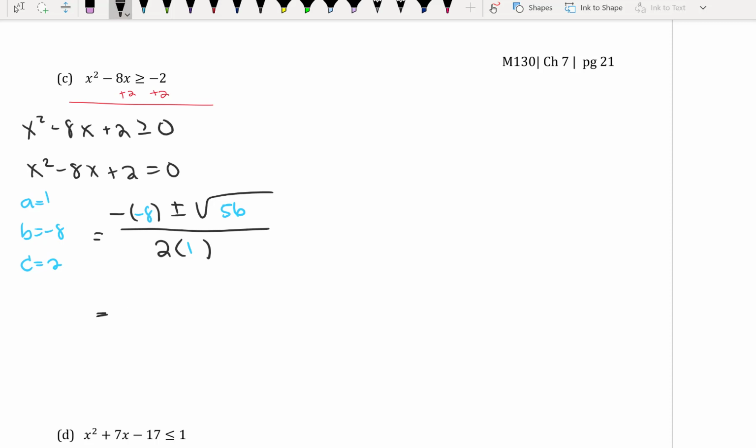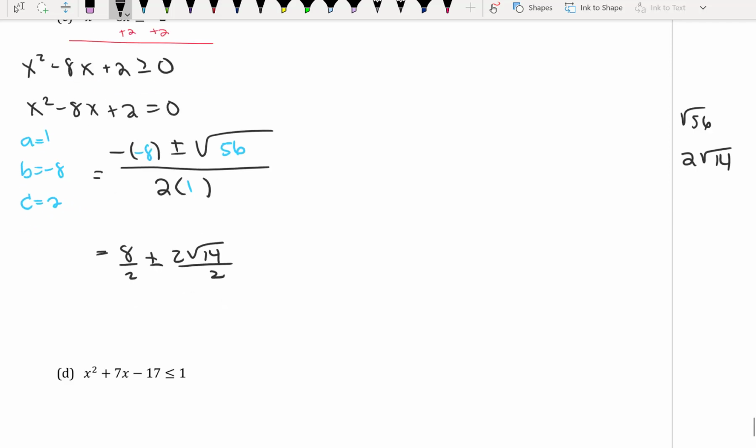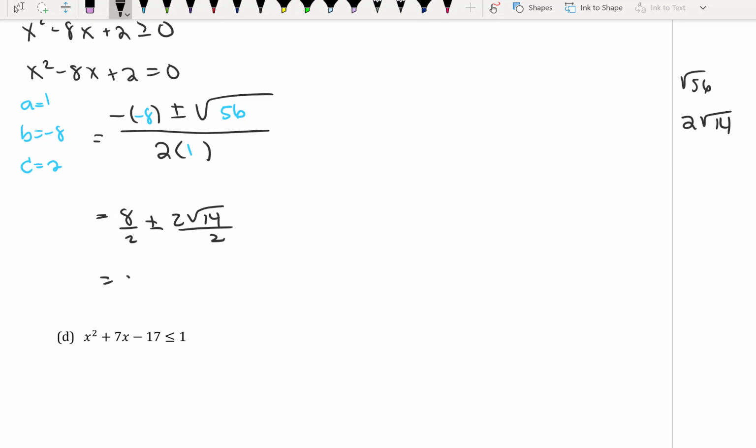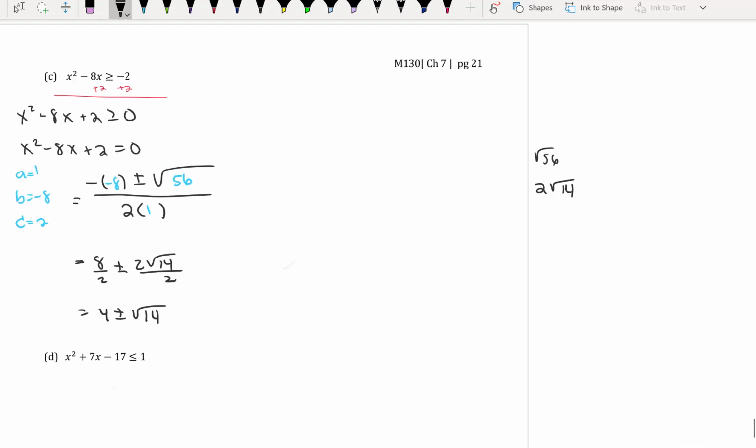So this gives me 8 halves plus or minus the square root of 56, which is the same as 2 square root 14. So now I have 4 plus or minus the square root of 14.